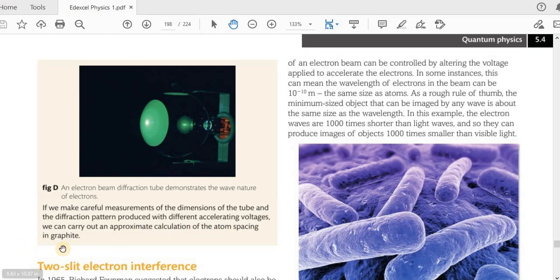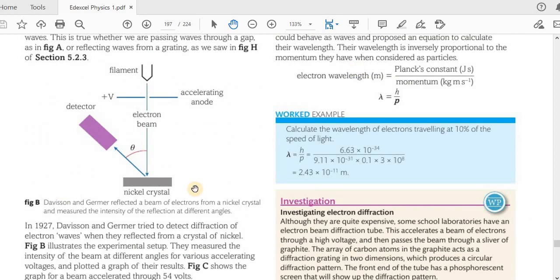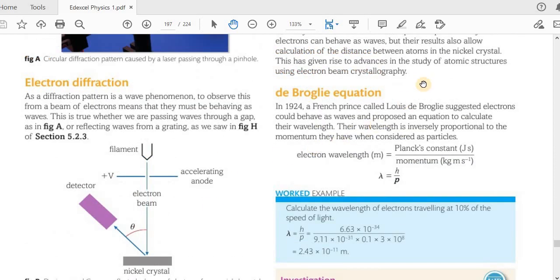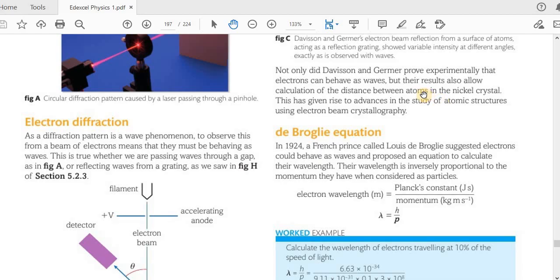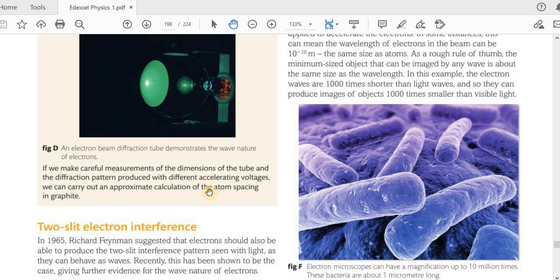Now remember, we find the atom spacing in graphite here because we use this sliver of graphite, and previously we had this nickel crystal. Using this we could calculate the distance between atoms in the nickel crystal. Similarly, here also we can find the atom spacing in graphite using this method.